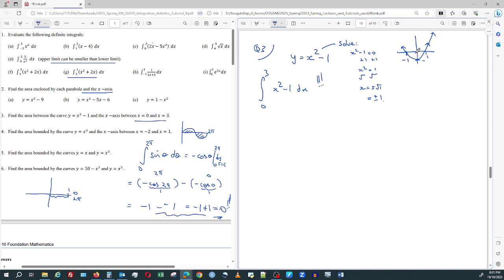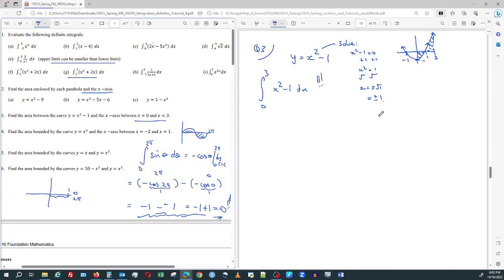Our particular problem is asking us to do these areas. So when we're doing this, we need to give an account of the areas. We want the total area, not this kind of silliness where we get minus. Okay, so we need to do it piecemeal.